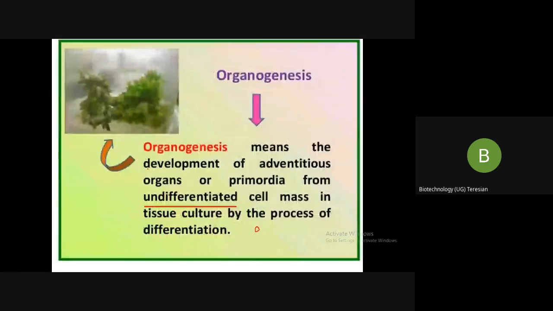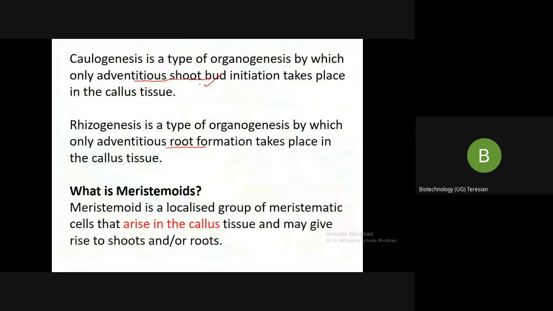So, you know what organogenesis is, and you know what caulogenesis is: that is shoot bud formation. When I get root formation, it is rhizogenesis. What are meristemoids? I told you, they are triangular shaped nodules. These meristemoids are a localized group of meristematic cells, or stem cells, that arise in the callus tissue and may give rise to the shoots and the roots.